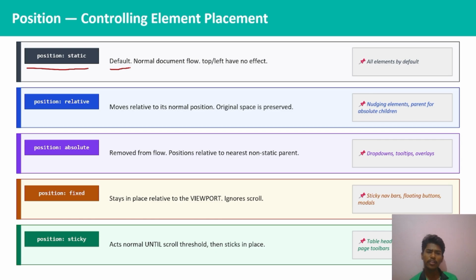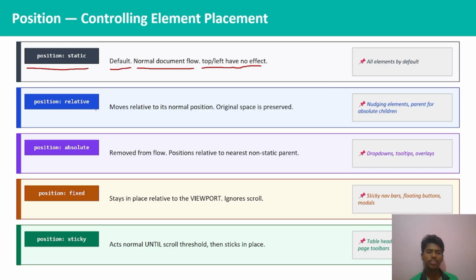It includes the default, normal document flow. Top and left have no effect on all elements by default. It will not change anything in the web page. It will be default. What you have kept changes will be defaulted. No changes will occur.